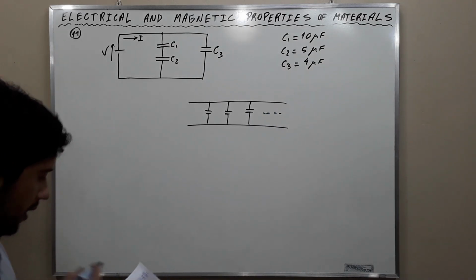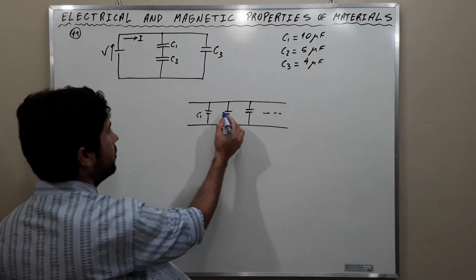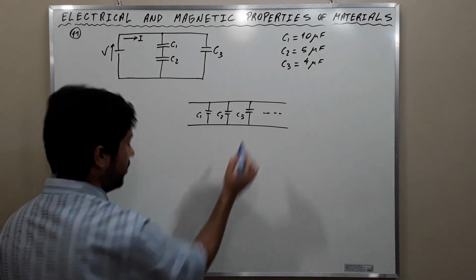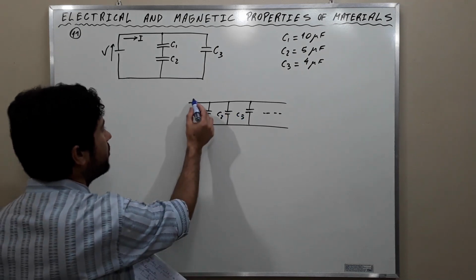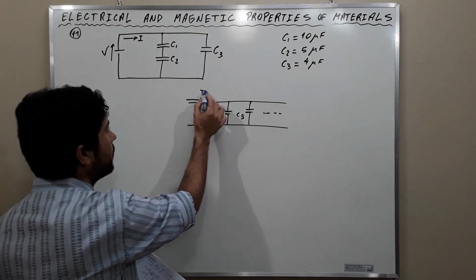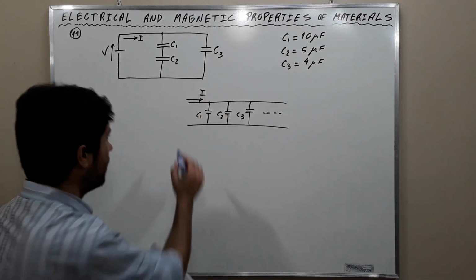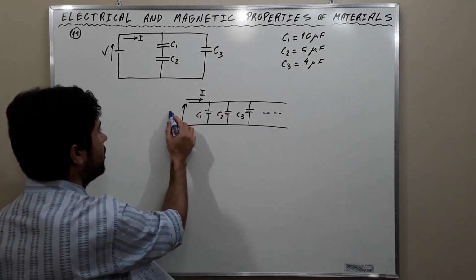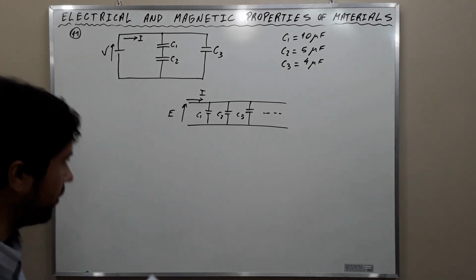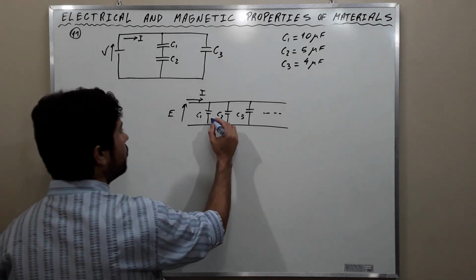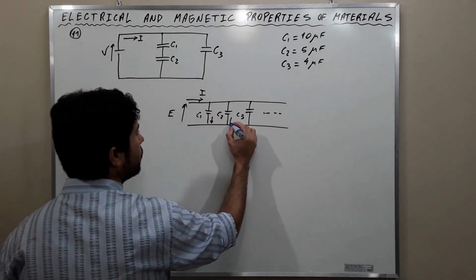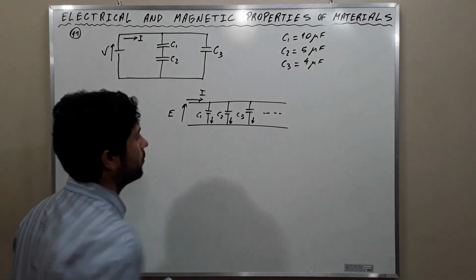Alright? And here is C1, C2, C3. There is going to be a current here, I'll call I, and there is going to be a voltage here, I'll call E. And here, there will be one current, one current, one current.